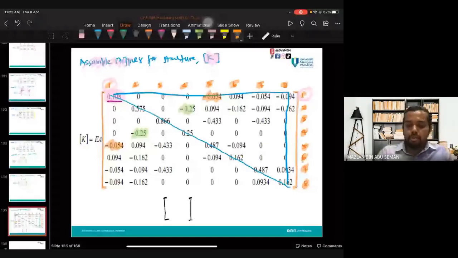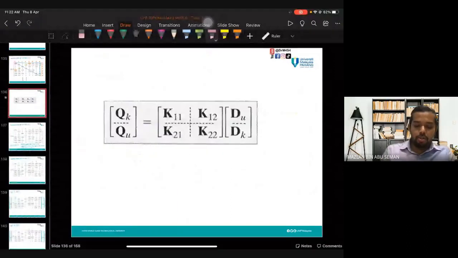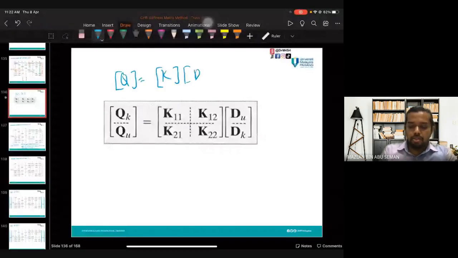Then we assemble our capital K. Then we know our formula is Q equals KD. So this is force, this is stiffness, this is displacement.